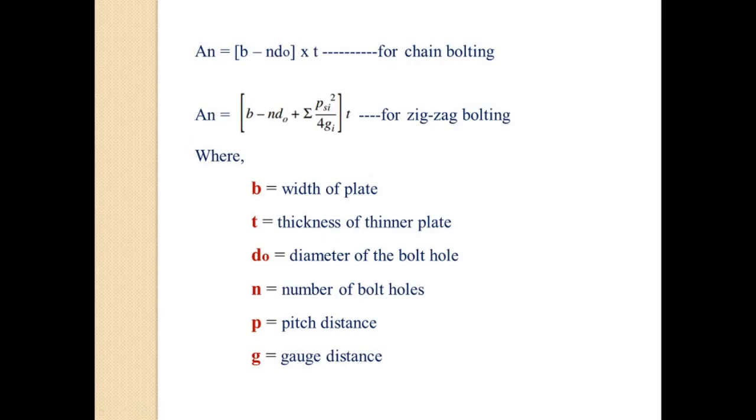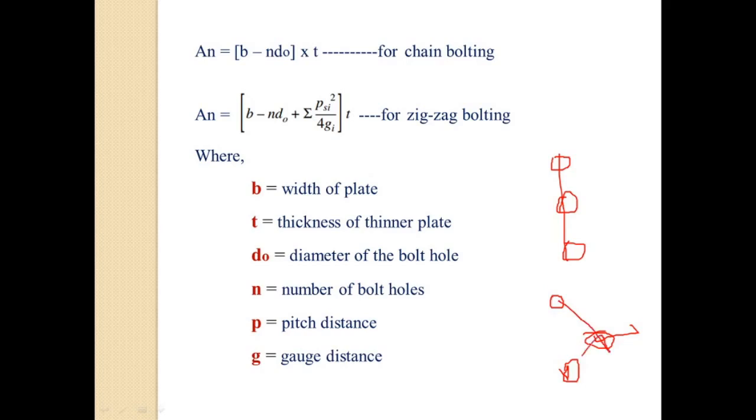So what is zigzag bolting? Let us see. Chain bolting means that if the bolts are provided in a single row or column, we call it chain bolting. In zigzag bolting, the bolts are provided in a staggered path like this. So this is one bolt, and suppose this is another bolt.